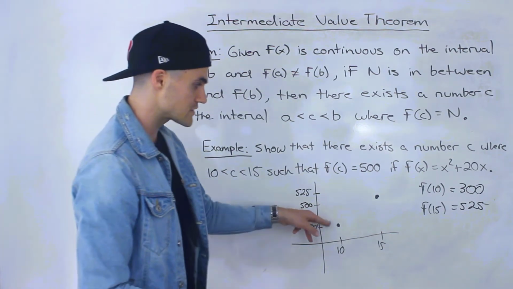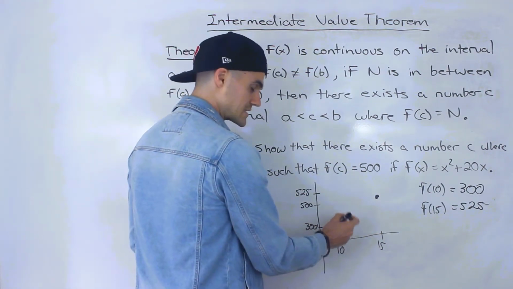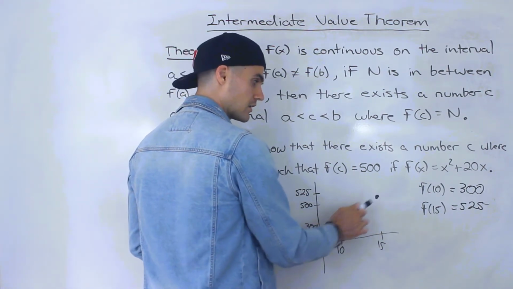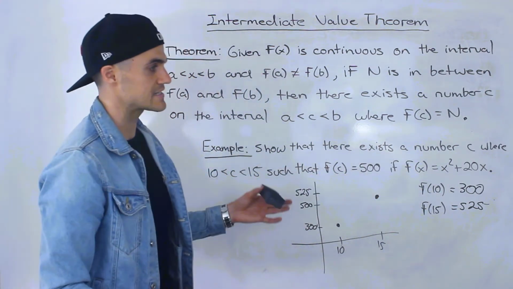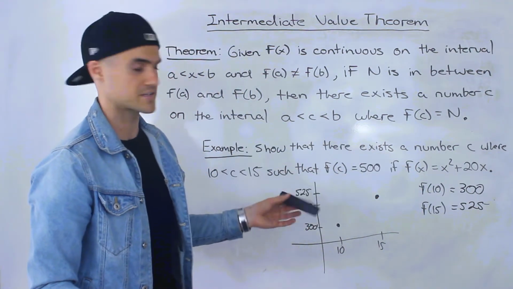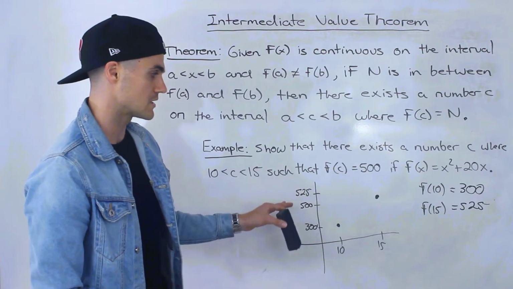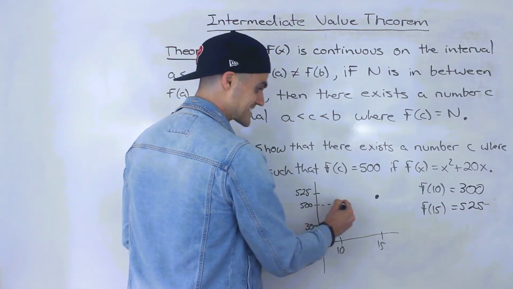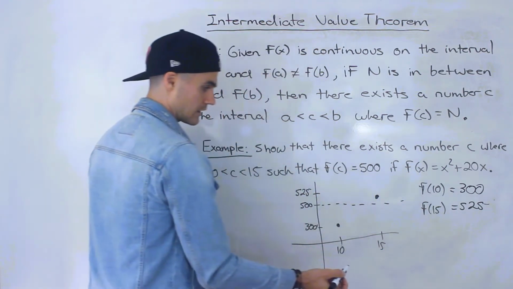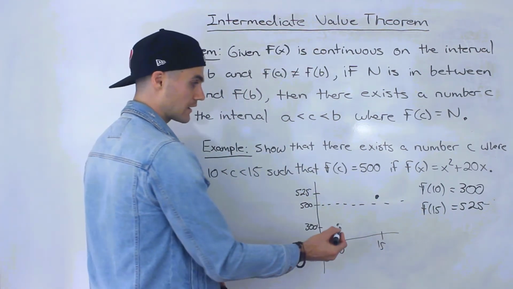So no matter how this function looks, we know it's continuous from here to here. It's just a regular parabola. But let's say it was an even more complex function where we don't know how it looks. Doesn't matter how it looks. All we know is that at some point, it's got to cross that horizontal line.